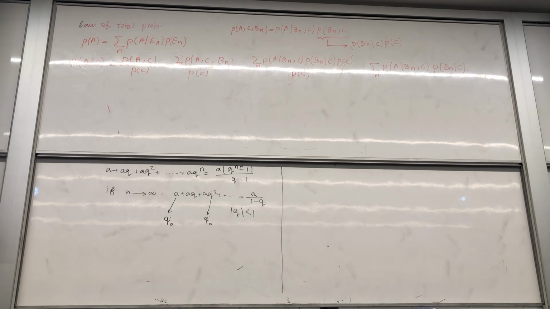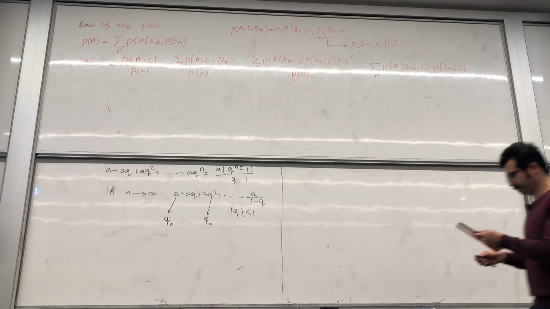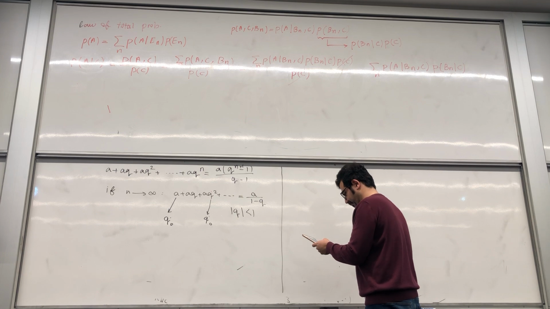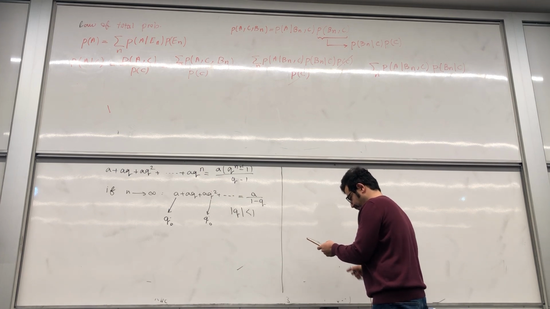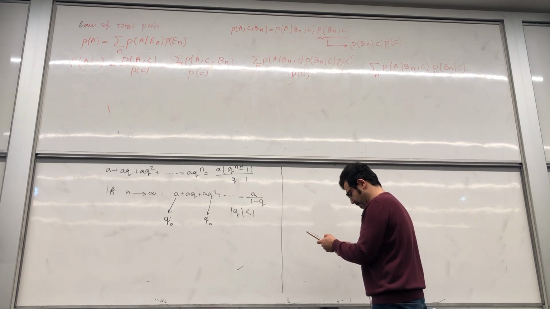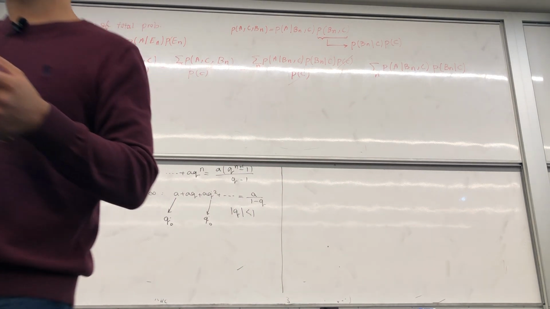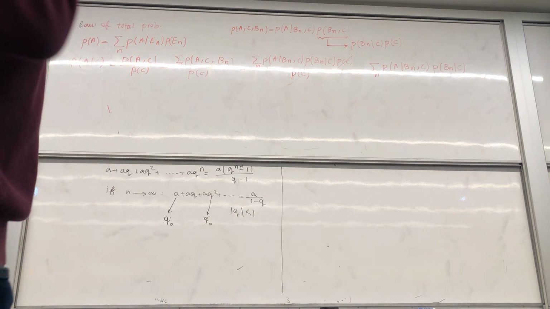So in fact, what is the probability of something when it comes to error? Starting from the summation, before the summation.